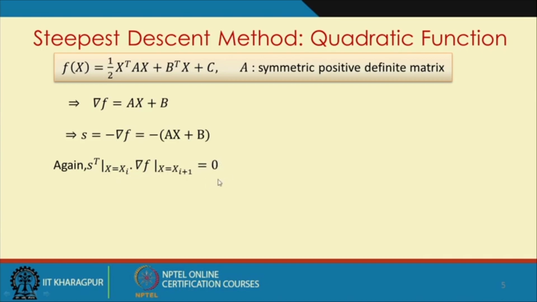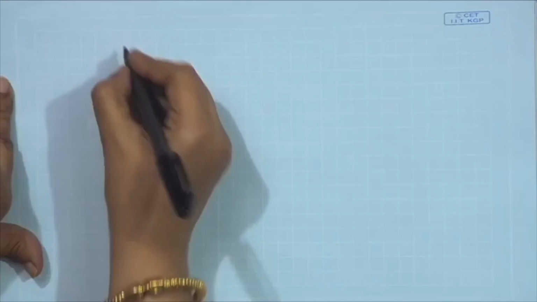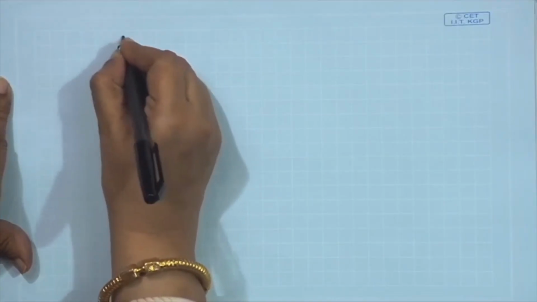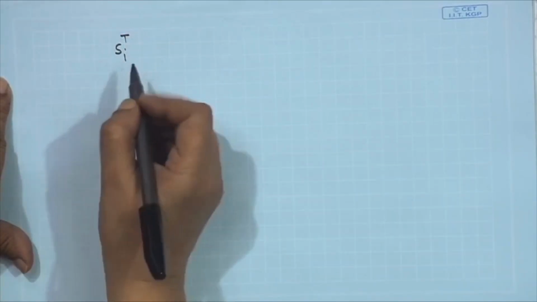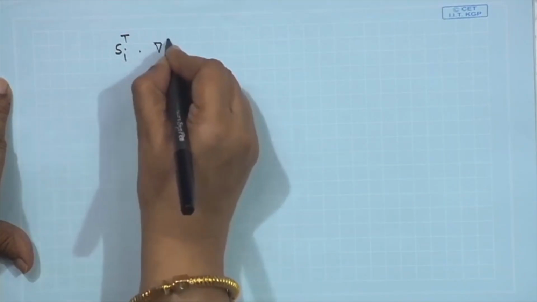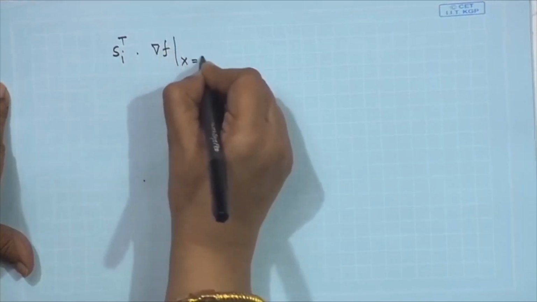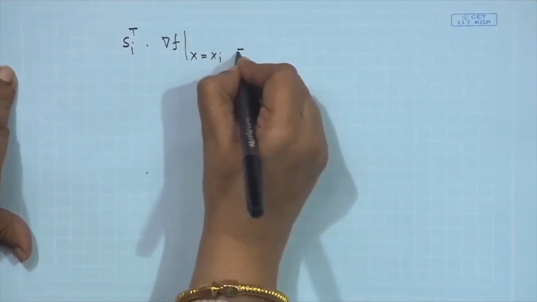Once we could say it, you see, again, let me just elaborate these calculations for you. S_i transpose, if I write it, s_i at x equal to xi, grad of f at x equal to xi is equal to 0.